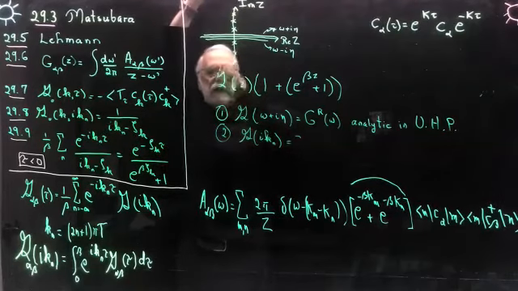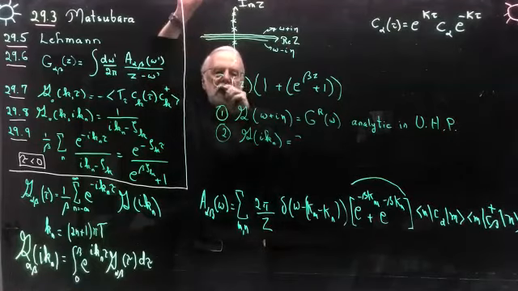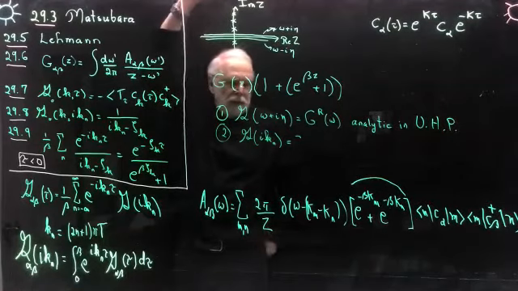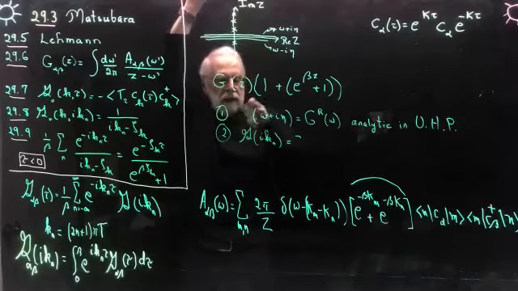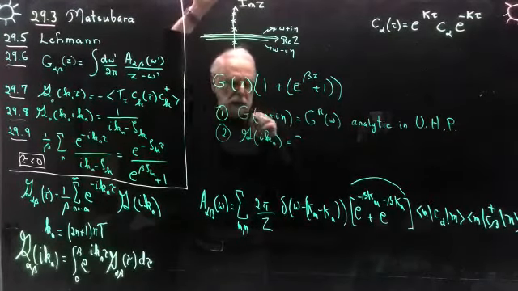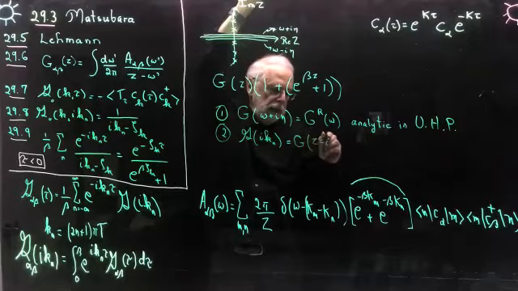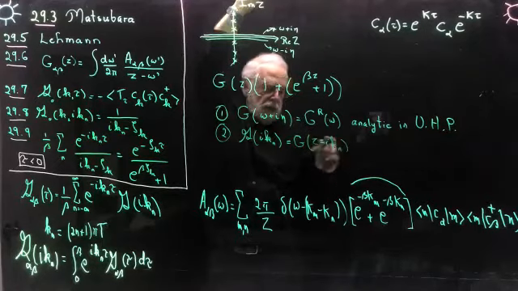Here I use a big G. Let me not confuse things. So G of i k_n is equal to this G of z equal to i k_n.